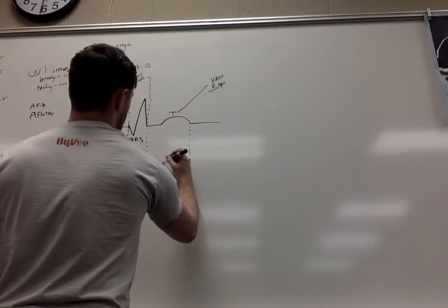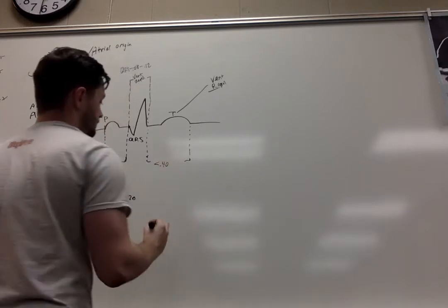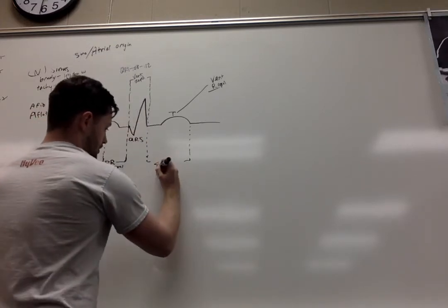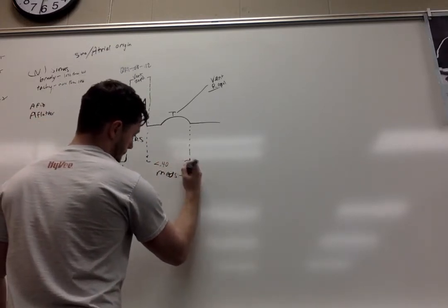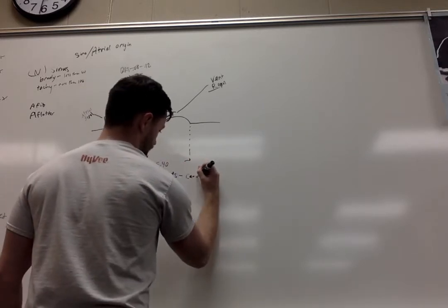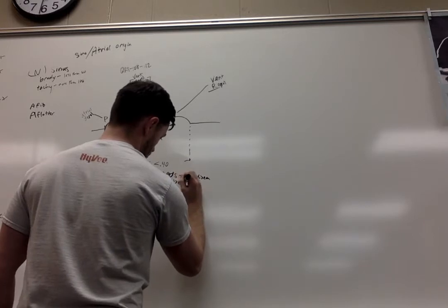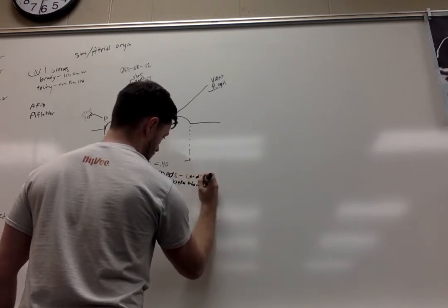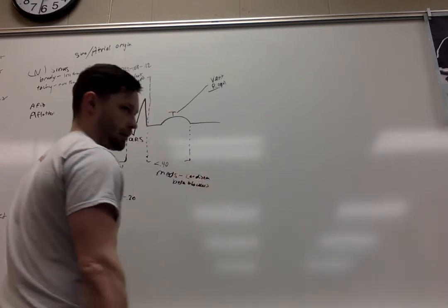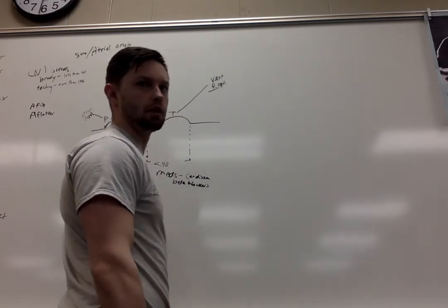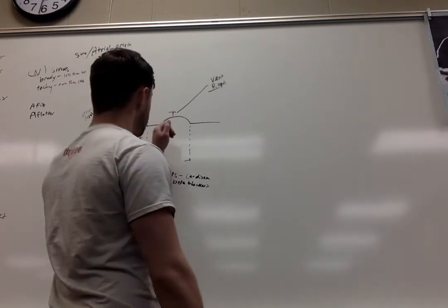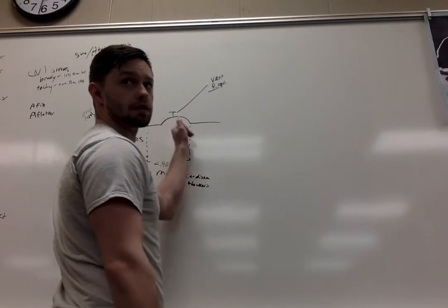It's usually below 0.40. Medications, cardiac drugs, beta blockers. Any beta-1 antagonist will lengthen the time it takes for this to repolarize.